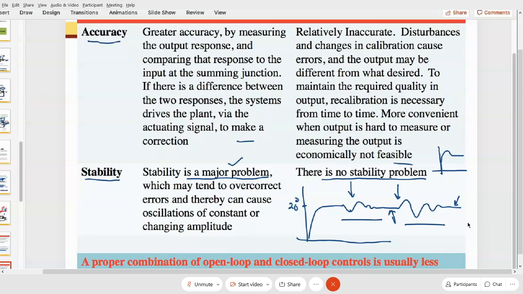Some systems we can design with a combination of open loop and closed loop control, operating alternately. Something like a washing machine. The first part is to measure the level, how much water we need. That one is a closed loop system.